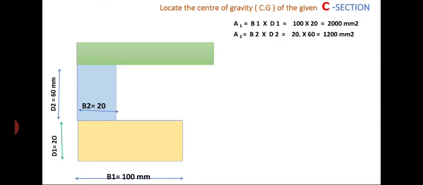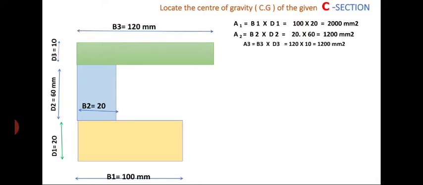The area of the third rectangle is B3 into D3, that is 120 by 10 equal to 1200 mm square.